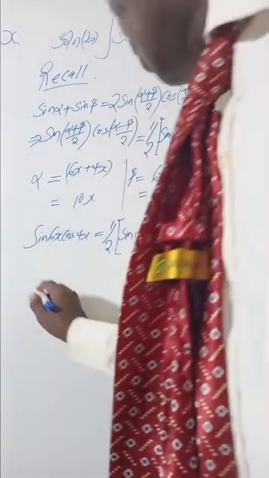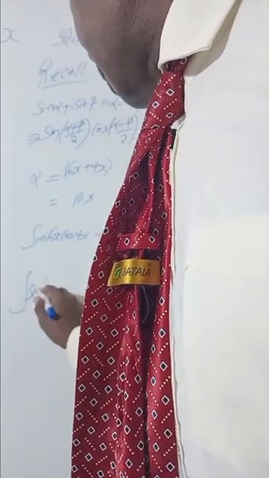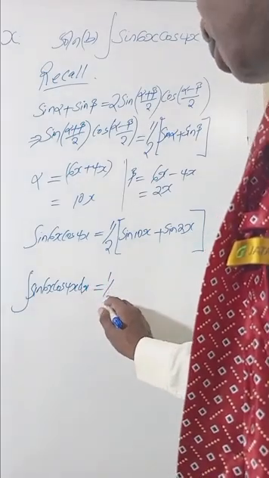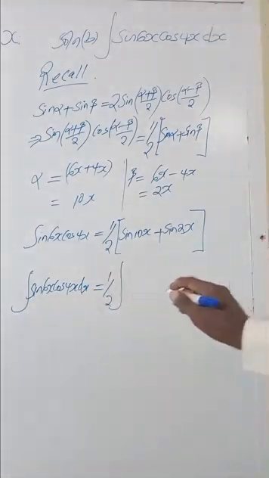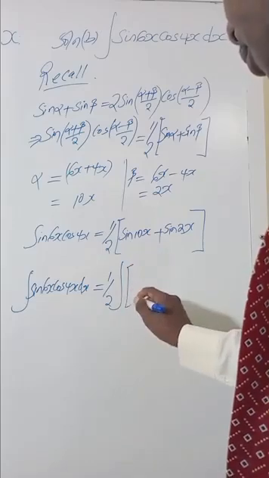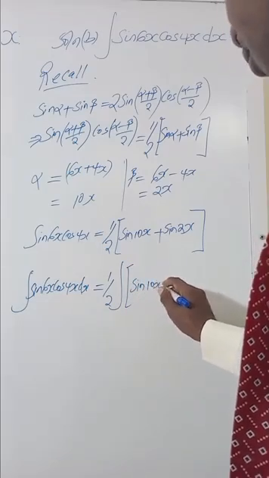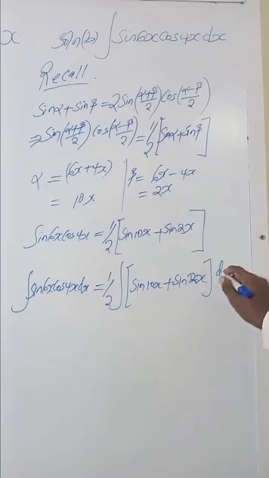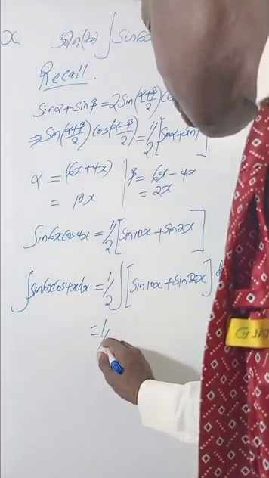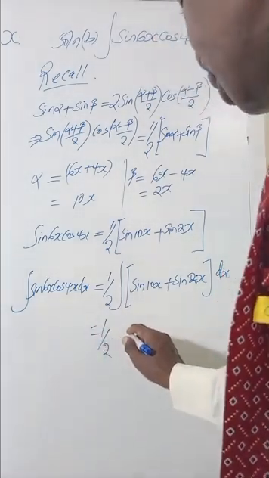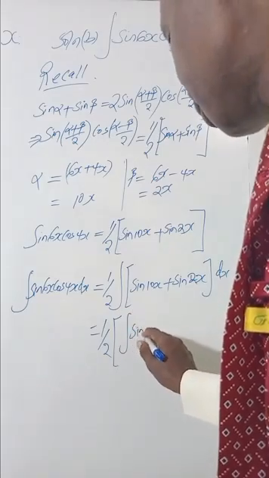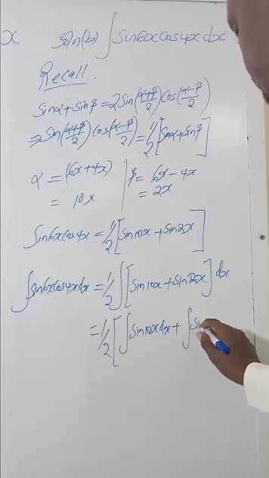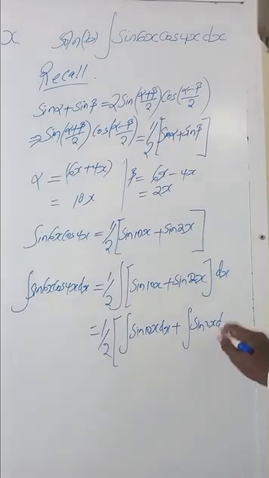So this tells us that the integration of sine 6x cos 4x with respect to x equals a half the integration of sine 10x plus sine 2x with respect to x, which equals a half square bracket the integration of sine 10x with respect to x plus the integration of sine 2x with respect to x.